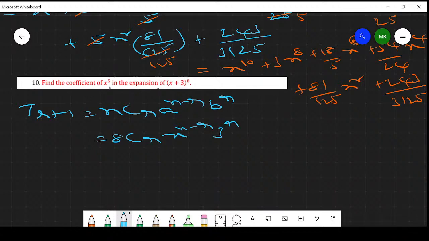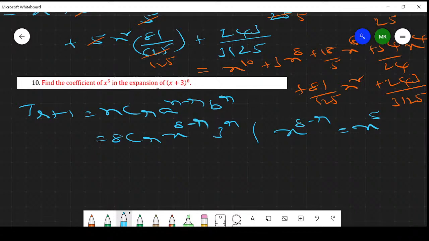They are asking the coefficient of x⁵. That means x^(n−r) should be equal to x⁵. Here n value is 8, so 8 minus r, 3^r.